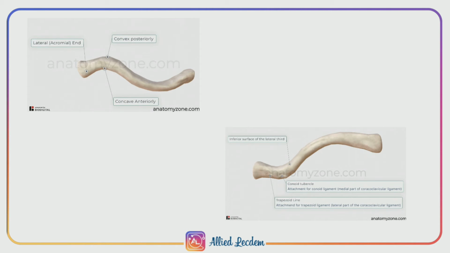As we could see in this image, it is convex posteriorly and concave anteriorly, and the conoid tubercle is the attachment for the conoid ligament, whereas the trapezoid line is the attachment for the trapezoid ligament. The trapezoid is present in the lateral part of the coracoclavicular ligament, whereas the conoid is in the medial part.